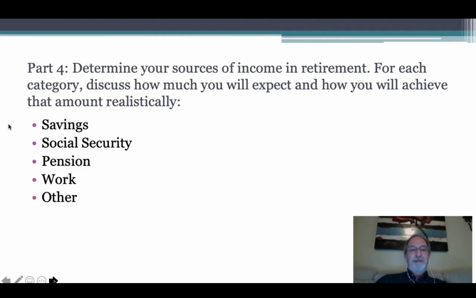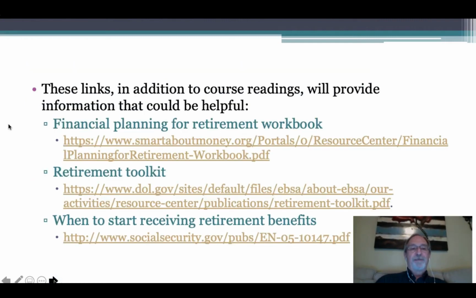And these are the different areas that people usually get their income from: savings, Social Security, pension, and as we'll be talking about later, more and more people are working after retirement, and some people have some other sources of income as well. So think about how much are you going to need for what, and then where's that money going to come from?